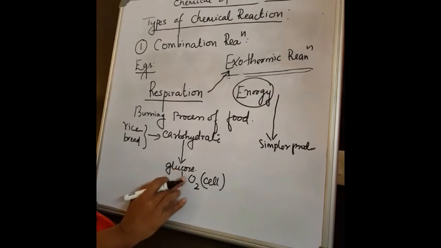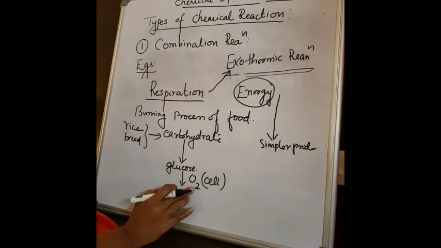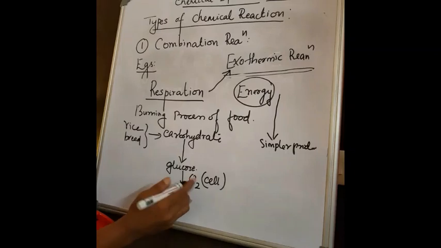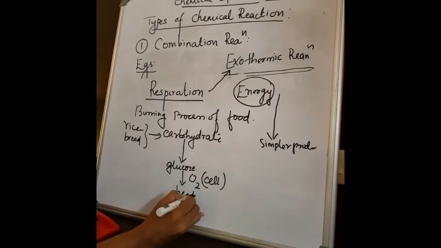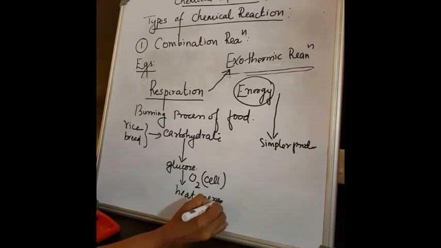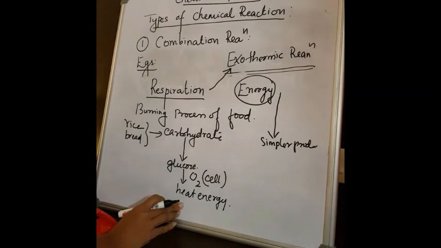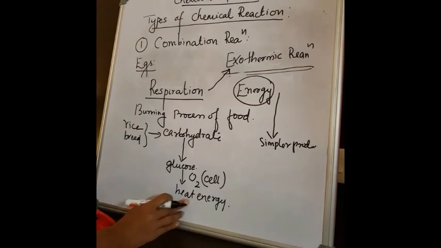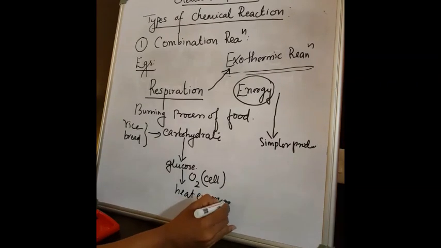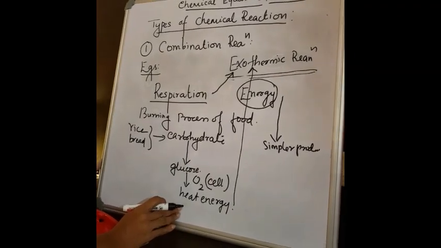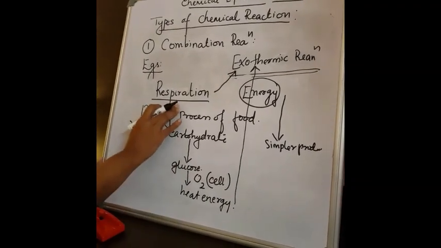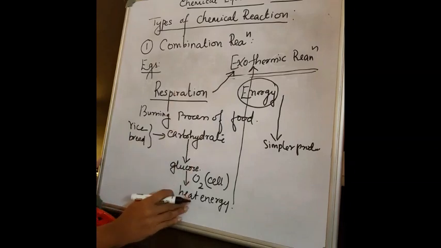So this glucose reacts with oxygen in the cell, giving out a large amount of energy, or you can write heat energy. You got it? So since energy is liberated, you can say this process is an exothermic process. So now you can say respiration is an exothermic process.